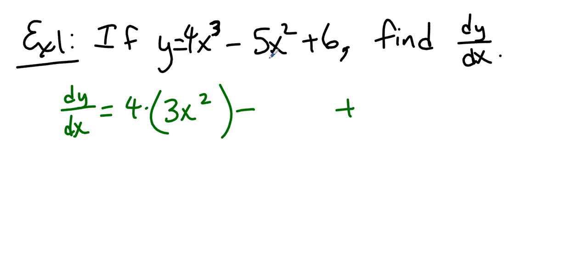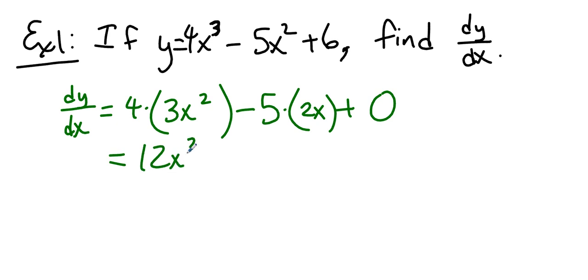This is a constant multiple, so we just take the derivative of the x squared and put it here, and we know from a couple of slides ago that the derivative of x squared is 2x. And then this is a constant whose derivative is 0. And that becomes 12x squared minus 10x, and that's it. Like that's the whole thing. That's it.